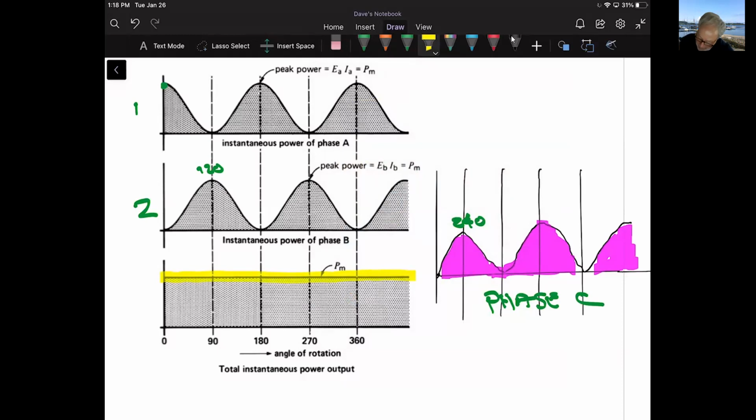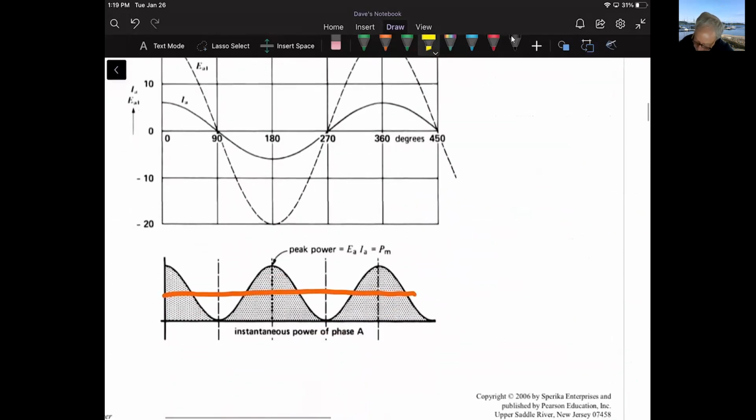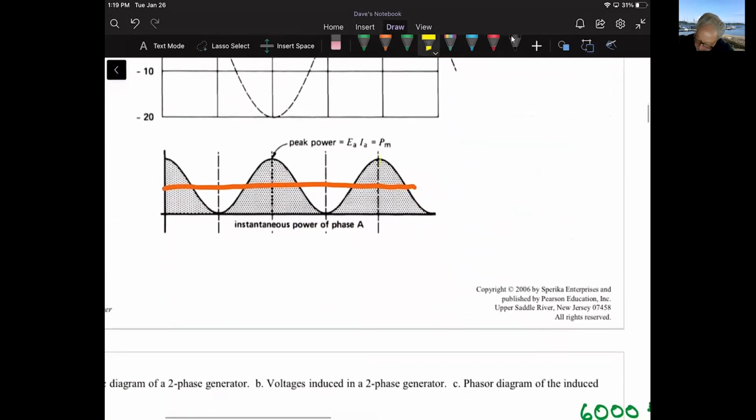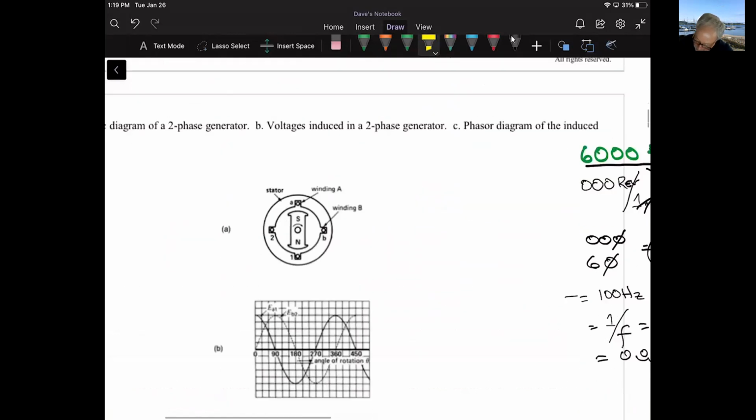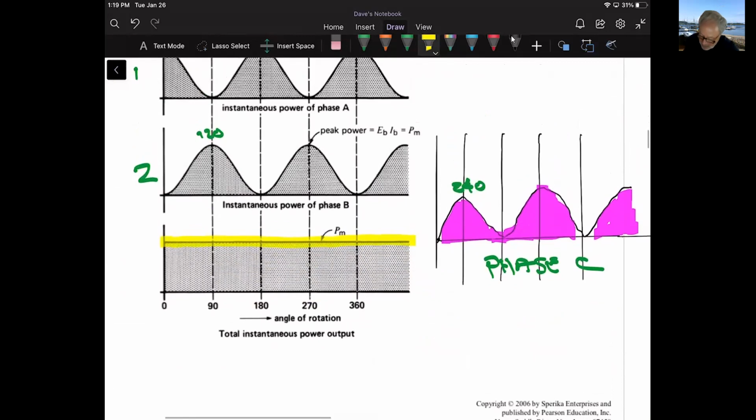But the power output is constant, and it was twice what the single phase was. Because in the single phase power, the power output that we looked at here was 1/2 the peak. So when we go to the two-phase power output, we see that it is constant and is equal to the peak, not half the peak.